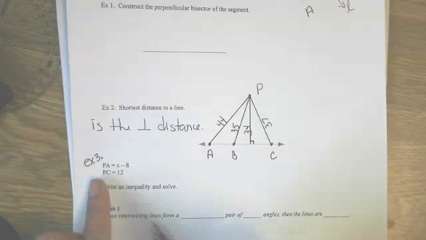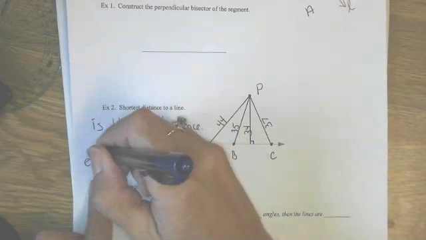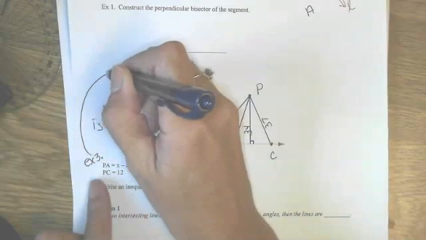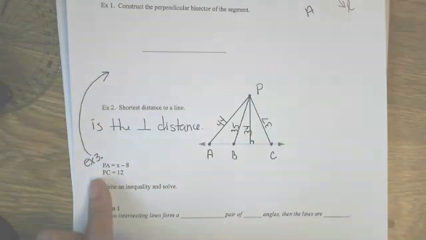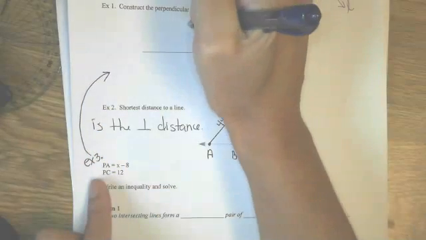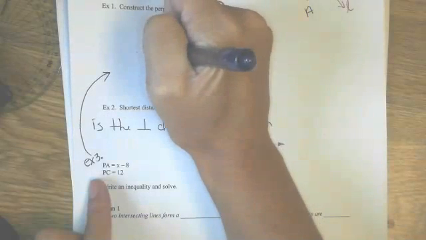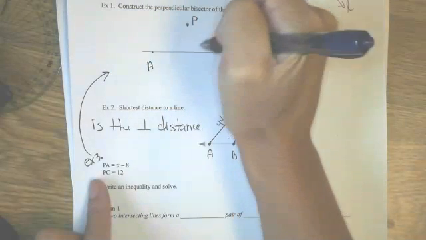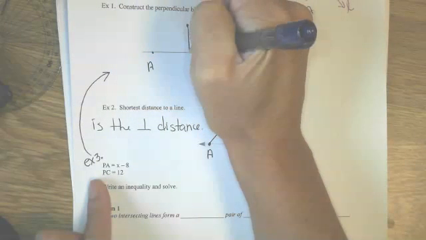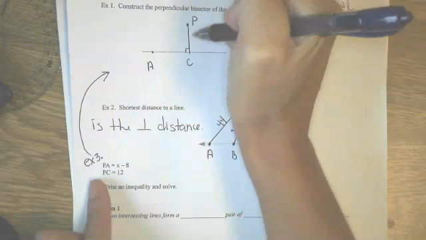Okay, example 3. We're going to bring it up here to this space where we didn't do the construction. I'm going to give you a point P. I'm going to pick A over here. And C is going to be right below it, making a right angle.